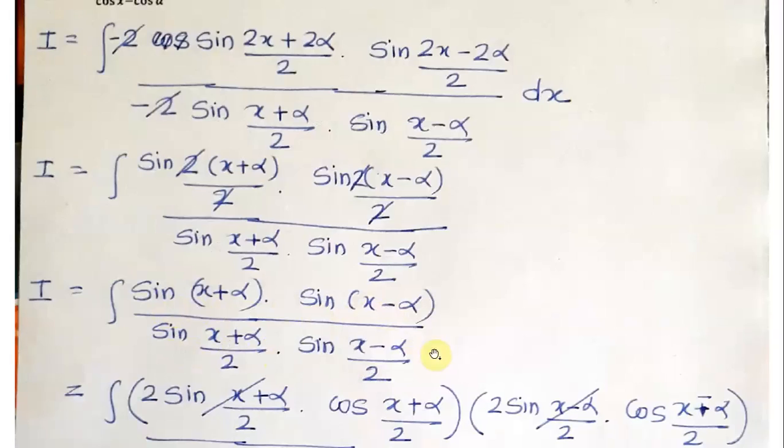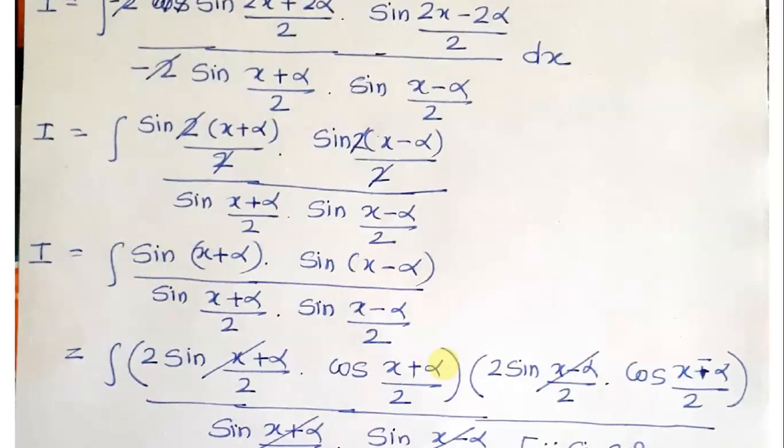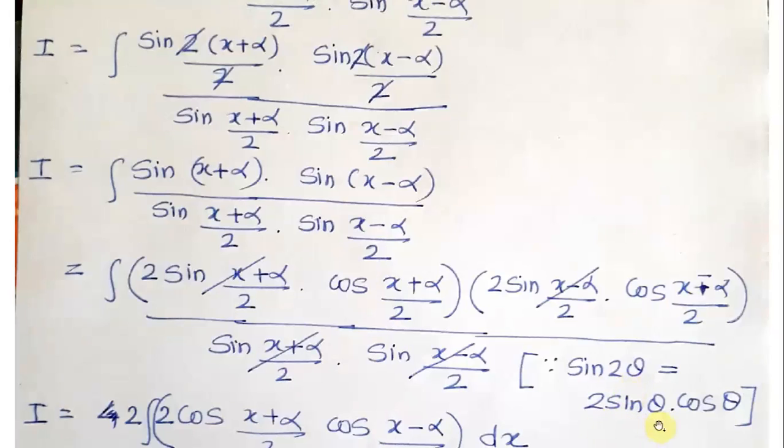Now once again I applied the formula sine 2 theta is equal to 2 sine theta into cos theta. See here, 2 theta is coming, so here theta will come, half of that. So observe, this is my value of theta. Half of that means (x plus alpha) by 2 will come.